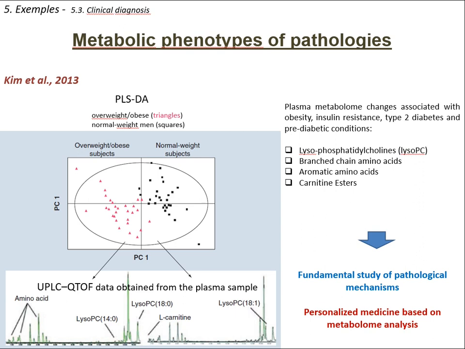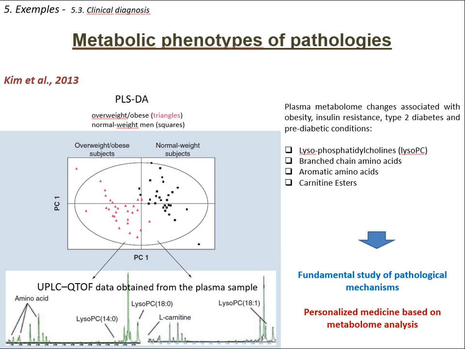And for example, you will find some amino acid or some lyso-phosphatidylcholine, phospholipids, aromatic amino acid, or carnitine esters. So it's, as I said, a good information to both fundamental research and personalized medicine.